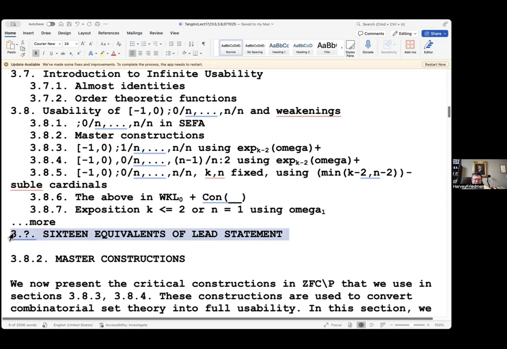We want to show everything's equivalent, because one of the statements, actually this is a little bit wrong. I'm doing many equivalents.